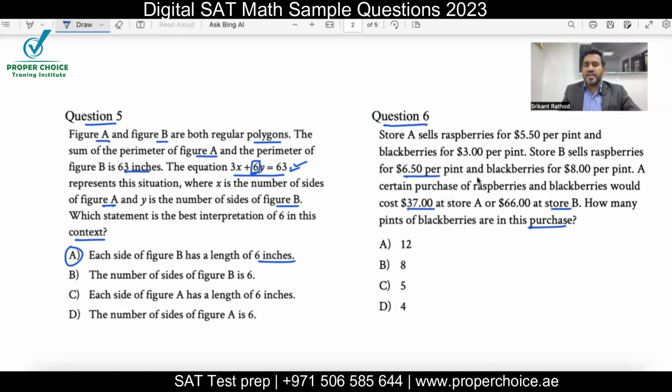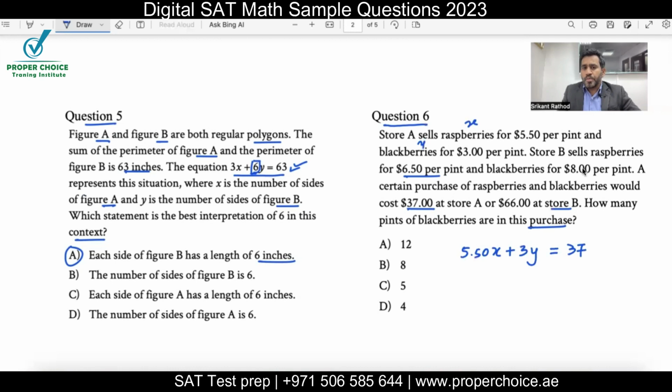Now if I'm making an equation for store A, 5.5 per pint for raspberries. If I say x pints of raspberries have been purchased and y pints of blackberries have been purchased, I can make an equation for store A as 5.50x plus 3y. The total cost paid at store A is $37.